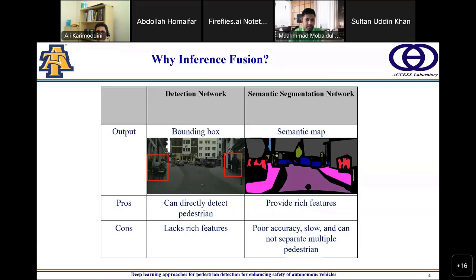The downside of a detection network is the lack of rich features, while semantic segmentation provides poor accuracy, is slow, and cannot localize multiple pedestrians. So these two networks can complement each other. What we'll try to do is use the maximum feature of each network and fuse the performance to achieve robust pedestrian detection.